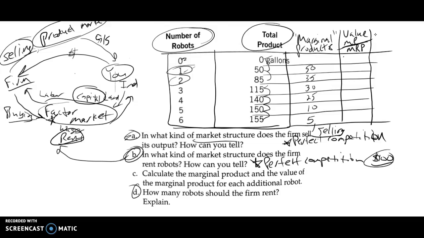So a simple question like, what's the marginal product of the fifth one? Well, the fifth one adds an additional 5, because I went from 140 to 150. The next one, I want to know the value of each one of those. The first robot helps generate an additional 50 gallons of milk, but how much can I sell each one of those gallons for?